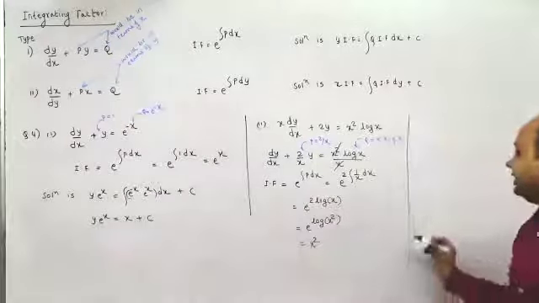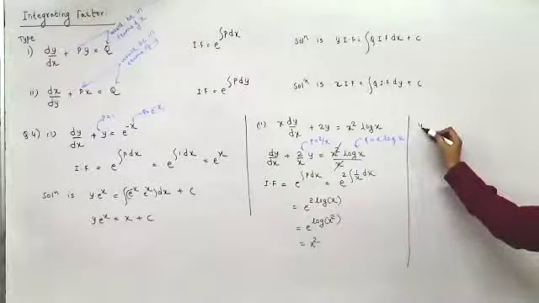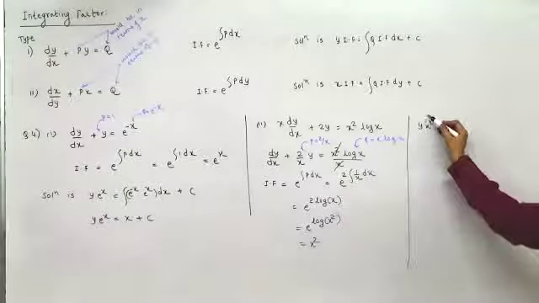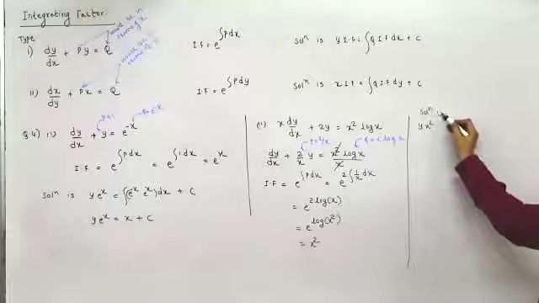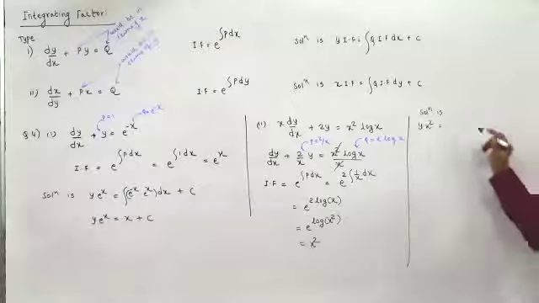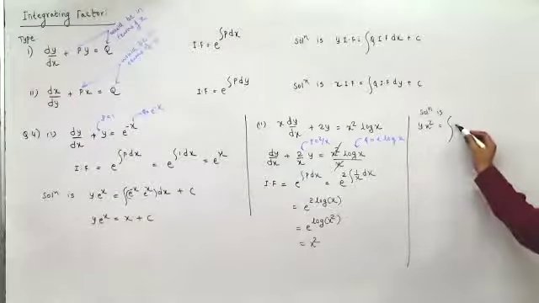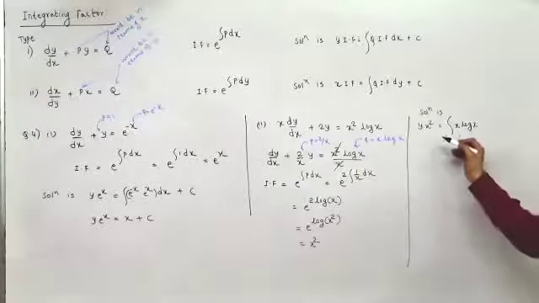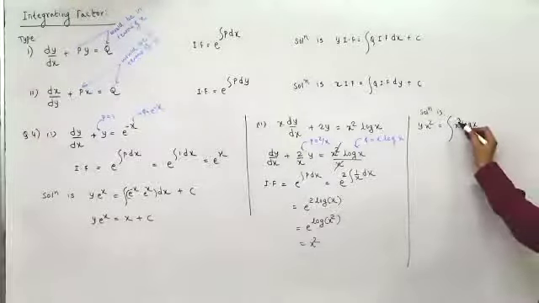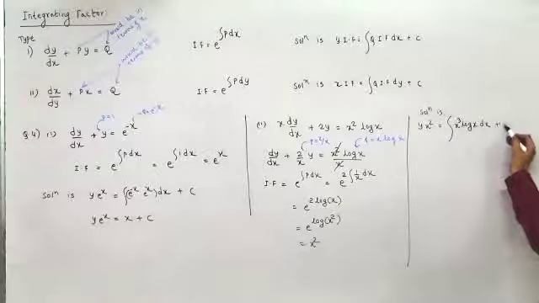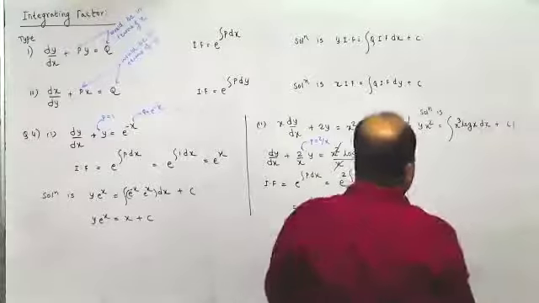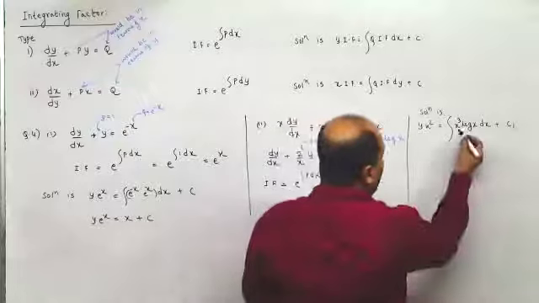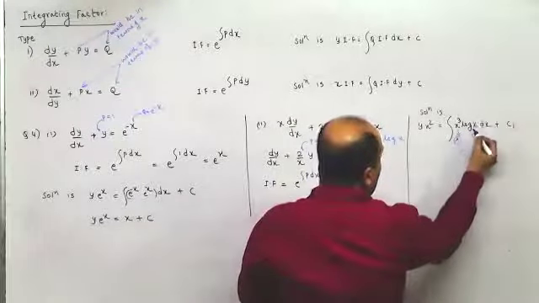Now, once you get this, y into integration factor equals integration of q into integration factor, that is here in this case x log x into x square. So x cube log x dx plus c1. Now this is algebraic, this is logarithmic.